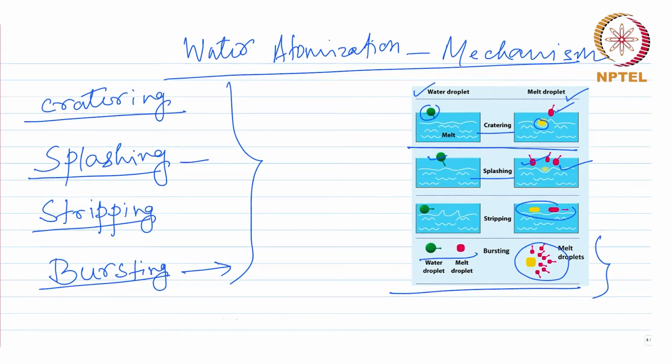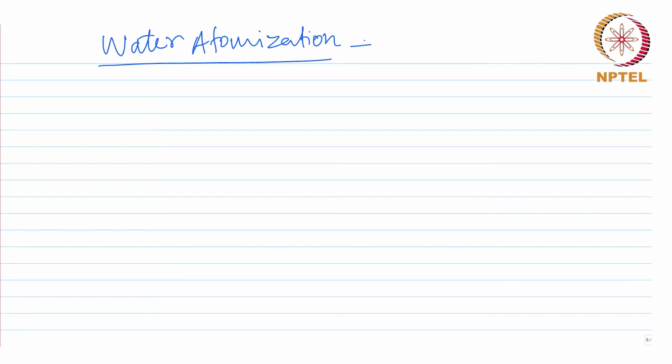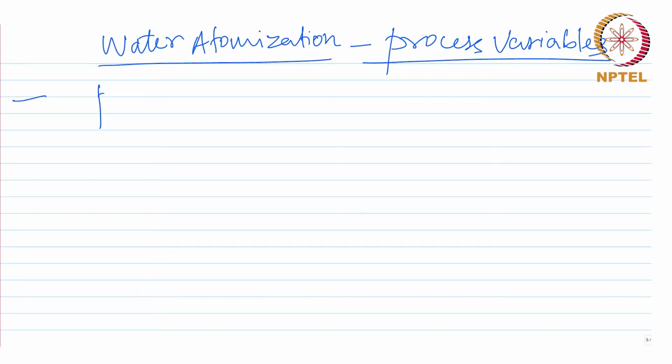Now, if you talk about the process variables of this water atomization process, here pressure is the main process variable.